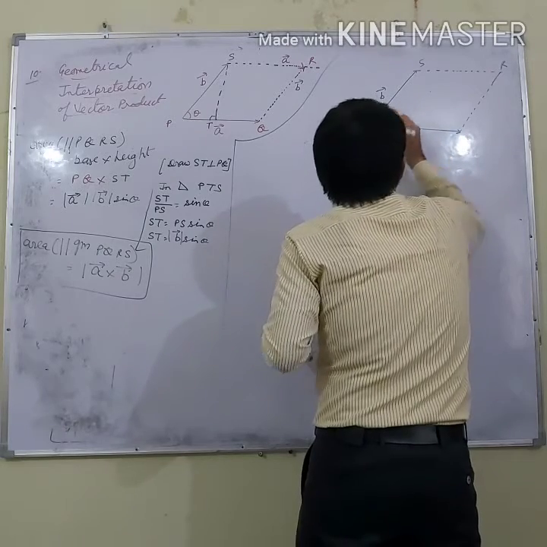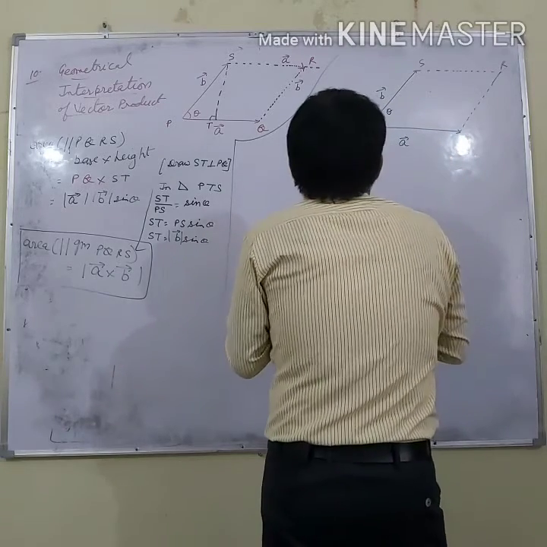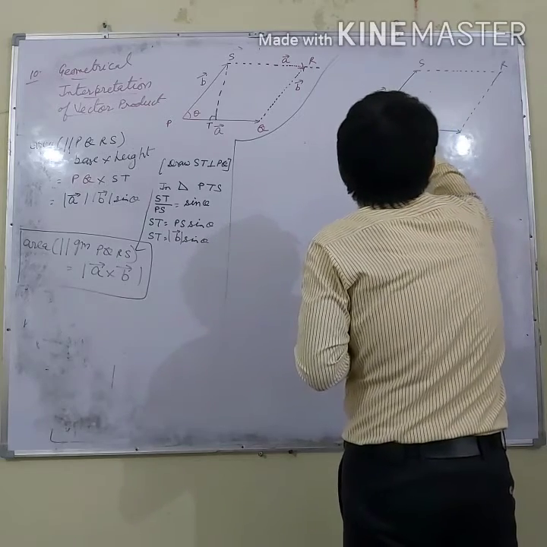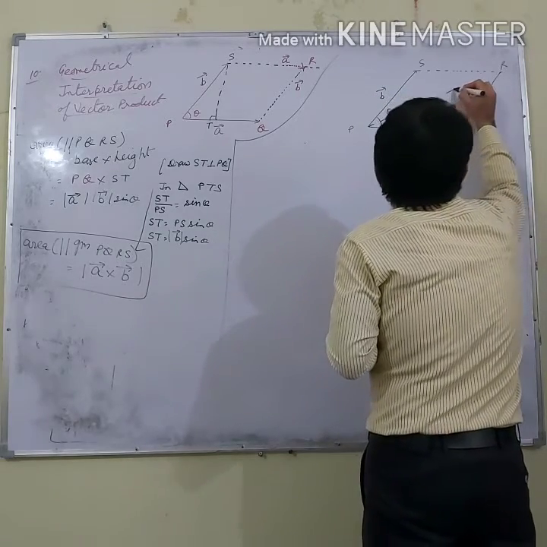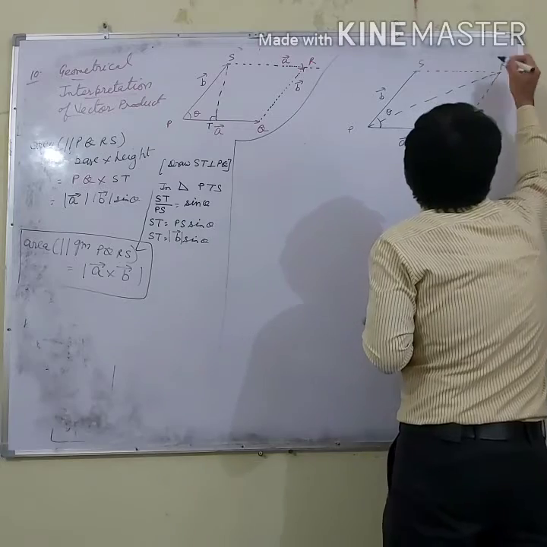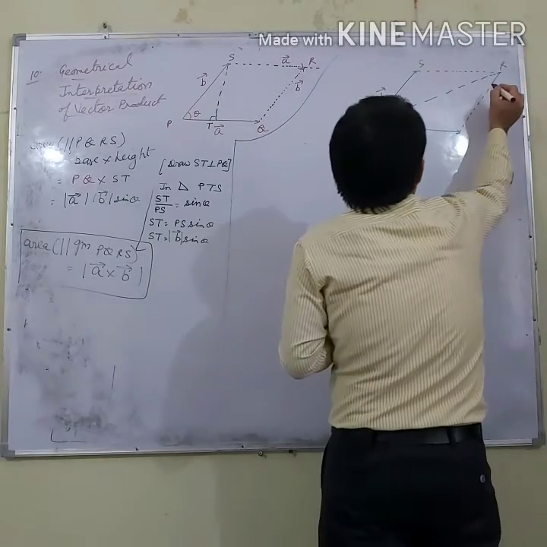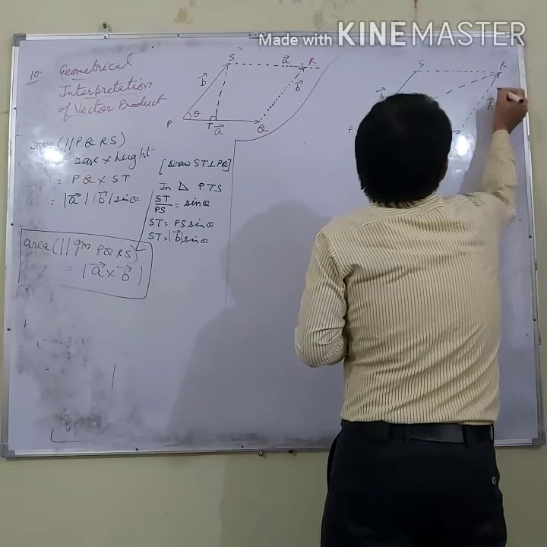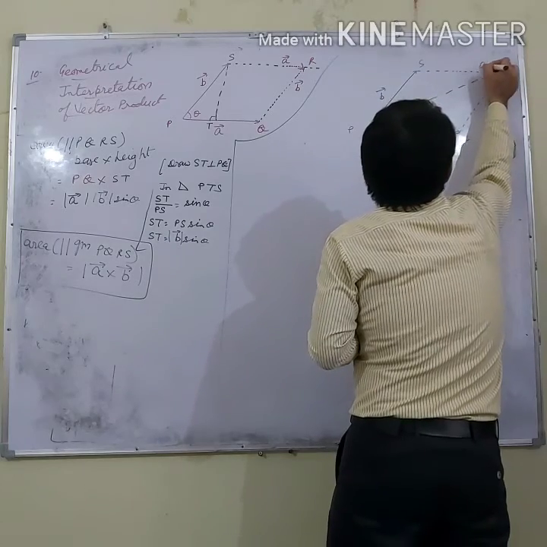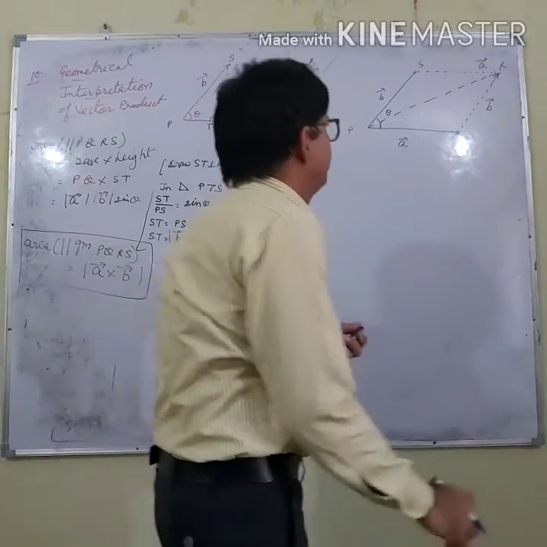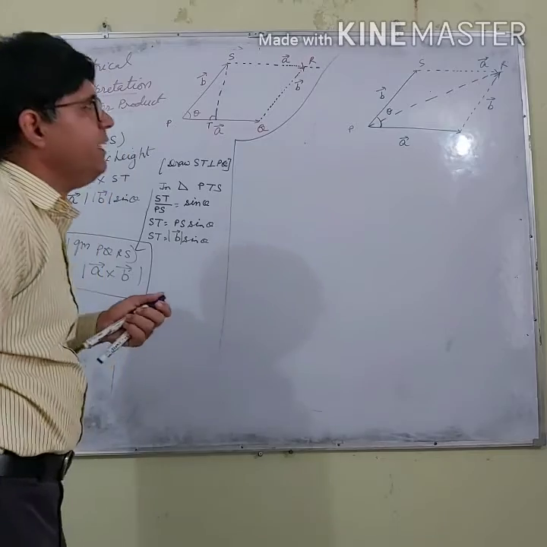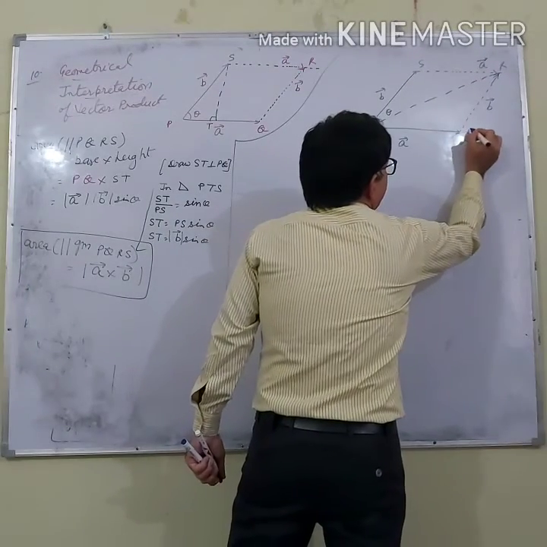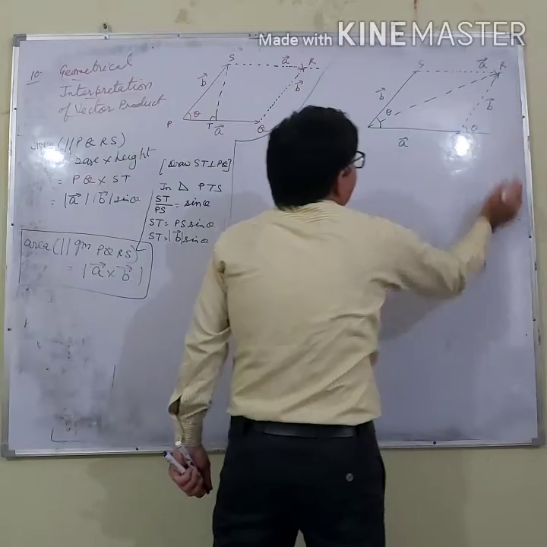Let me join PR. This is again vector B and this is again vector A. If this is theta, this angle is also theta.